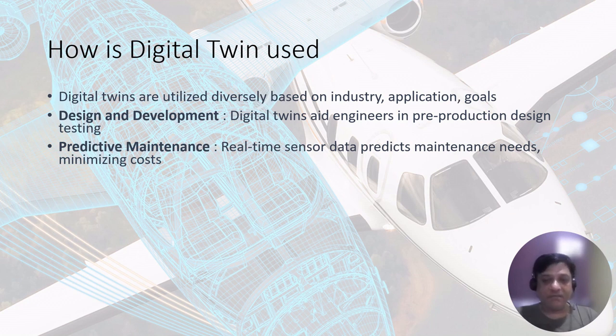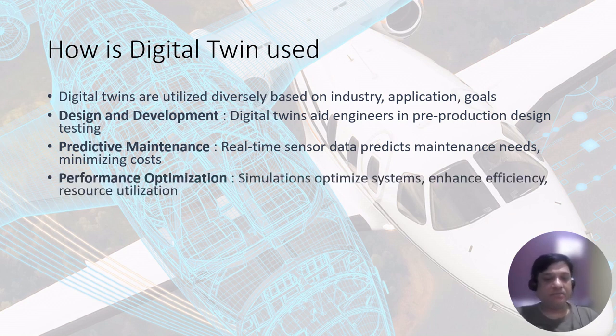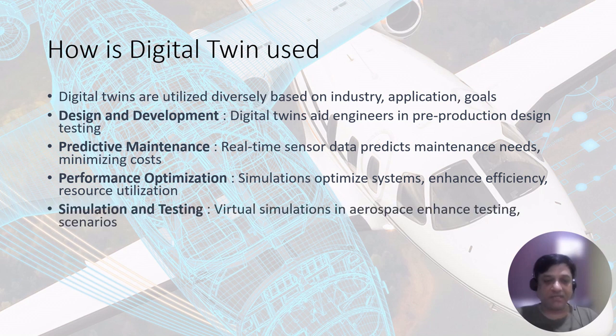Predictive maintenance. The real-time sensor data helps in predicting the maintenance needs and minimizing the maintenance costs. The third one is performance optimization. Yes, we have seen how to optimize the performance of systems, processes, and assets, leading to increased efficiency and better resource utilization.